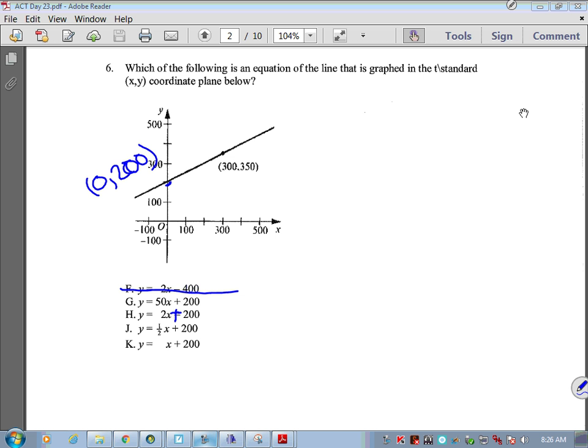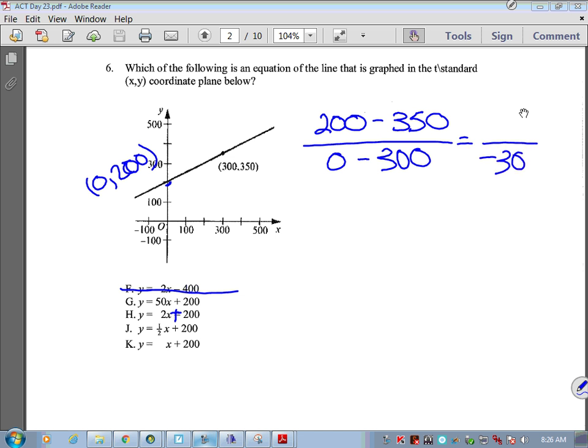So let's do 200 minus 350 over 0 minus 300. 200 minus 350 should be negative 150.